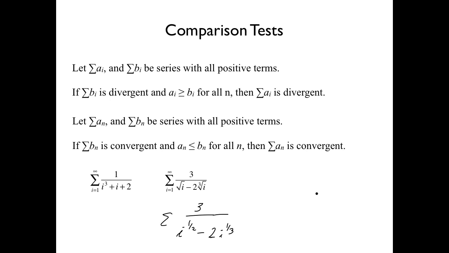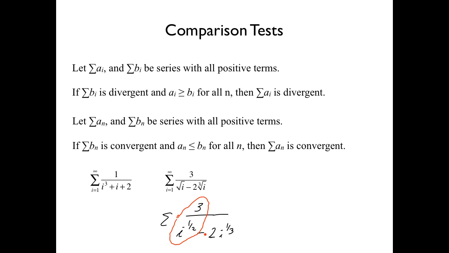Why do you suspect divergent? I'll give you a hint. That's a p-series. So is that a divergent or a convergent p-series? Divergent, because p is less than 1. Or actually less than or equal to 1, right? If it's 1, it's the harmonic series, which diverges. Less than 1 is even worse, right? Diverges.